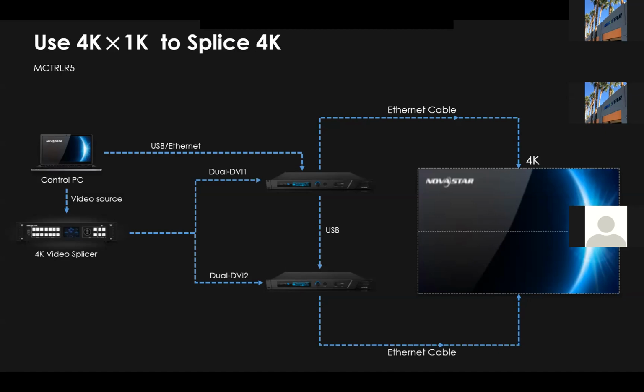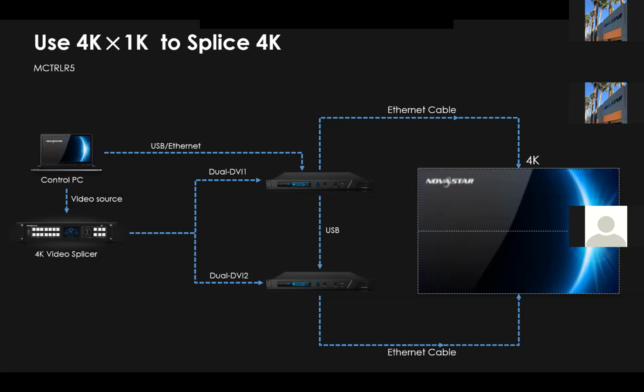All right, as the instruction shows here, we have the control PC giving the video source to the 4K video splicer, and you get two dual link DVI outputs to different M control R5. This is a way to do it using 4K by 1K.